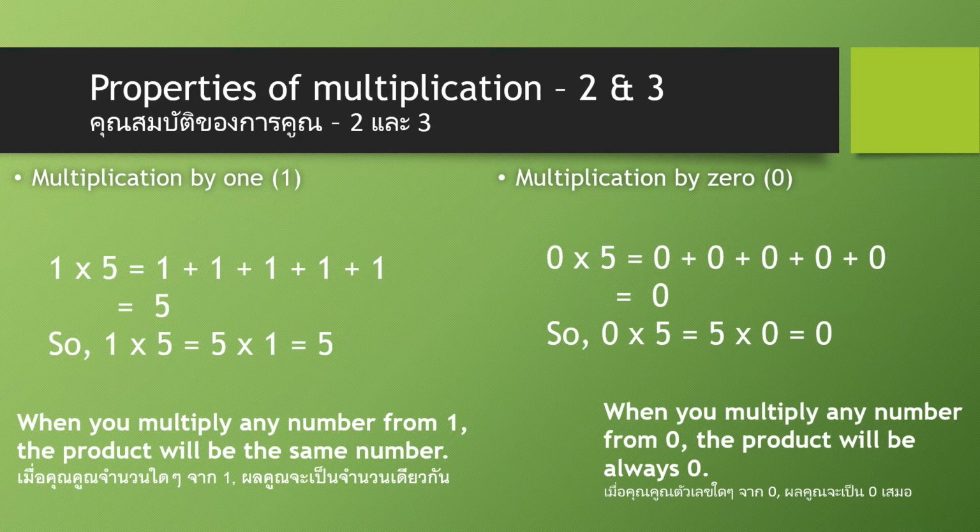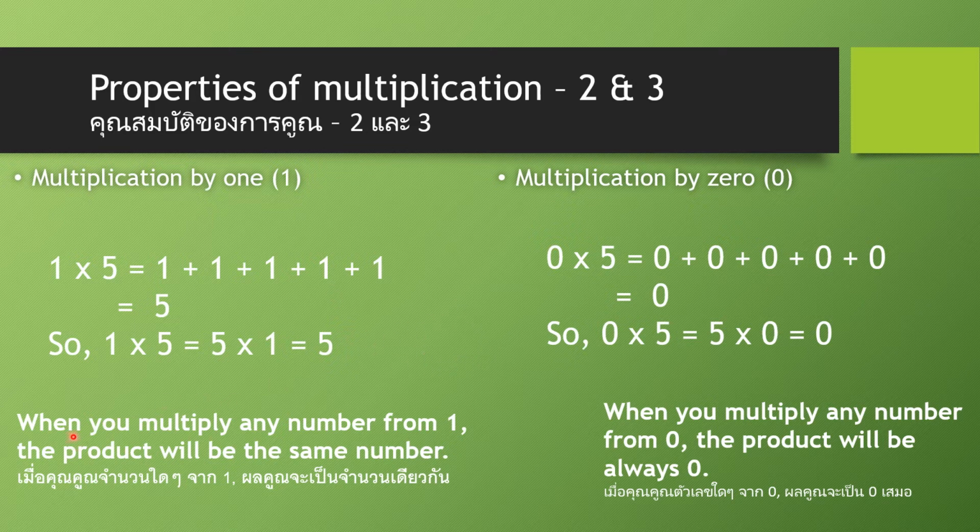Did you see that? I multiply 6 by 1. The answer is 6. I multiply 5 by 1. The answer is 5. I multiply 3 by 1. The answer is 3.